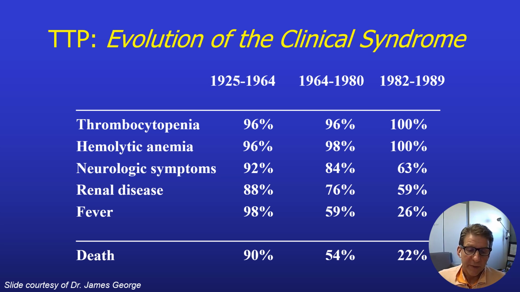So with the improvement in therapy, you have the improved need to recognize this disease more quickly and start treatment as soon as possible. Dr. George told me he initially spent half his career teaching the pentad of TTP and has spent the second half of his career telling people to forget the pentad of TTP. It's just the thrombocytopenia and the fragmented cells that you need.